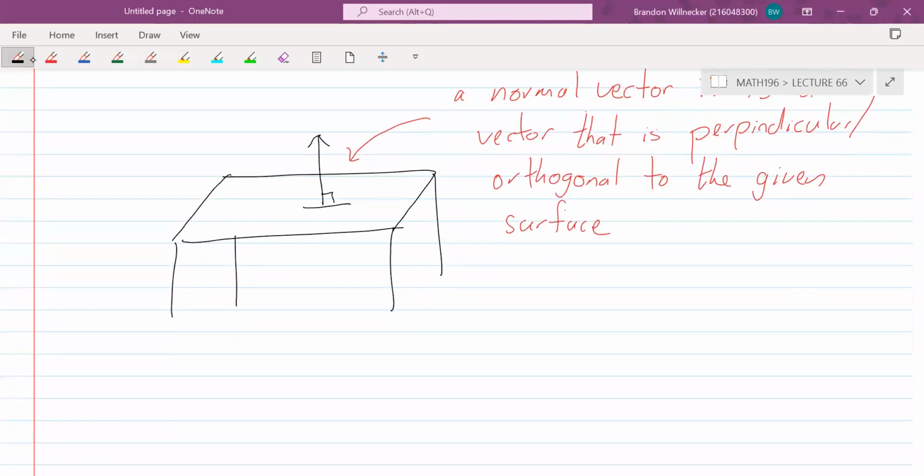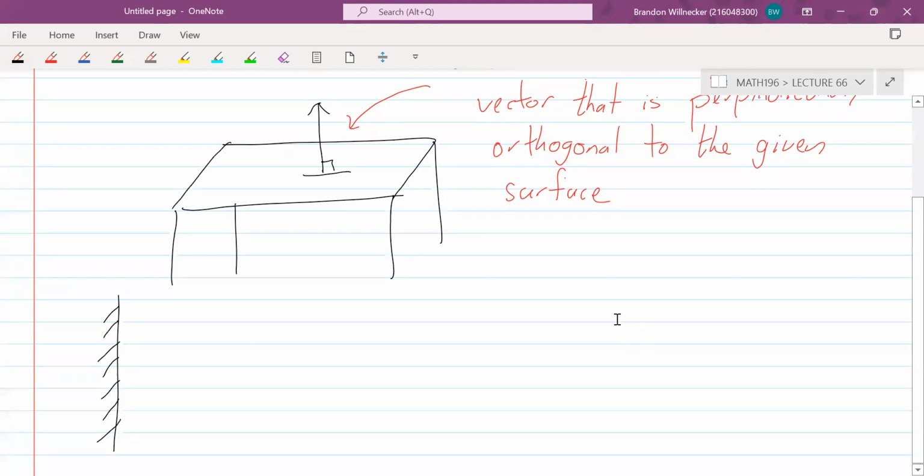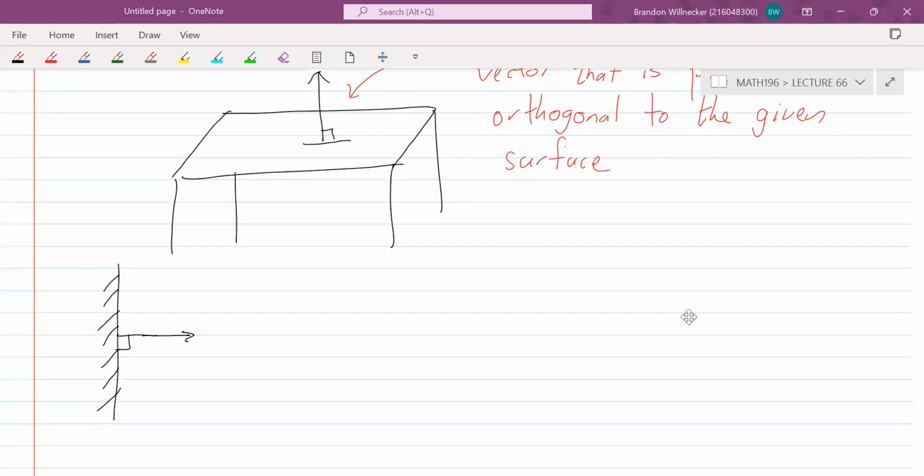If we had a different situation, let's say you've got your wall like that, and you wanted to know what the normal is, it would be a vector pointing away like this. Again, it is perpendicular to the surface. And if we look at another example, let's say we have a ball like this, then at every point on the surface, we can also draw a normal.